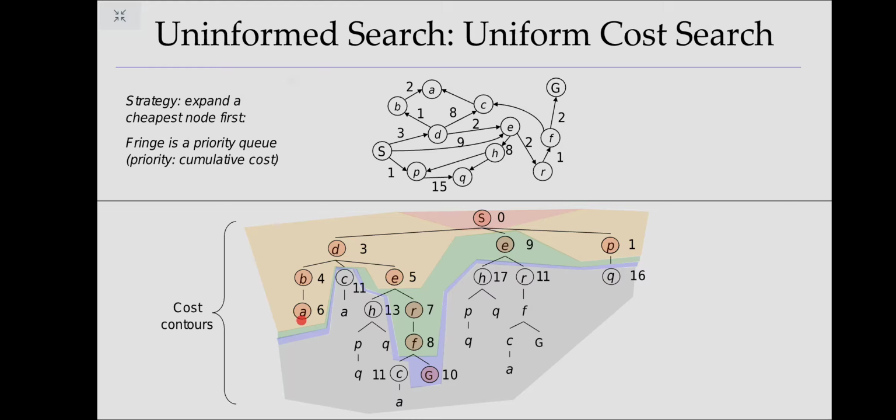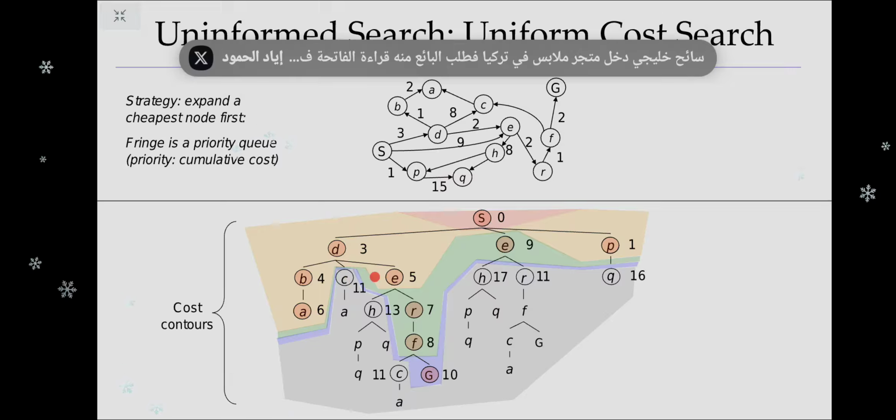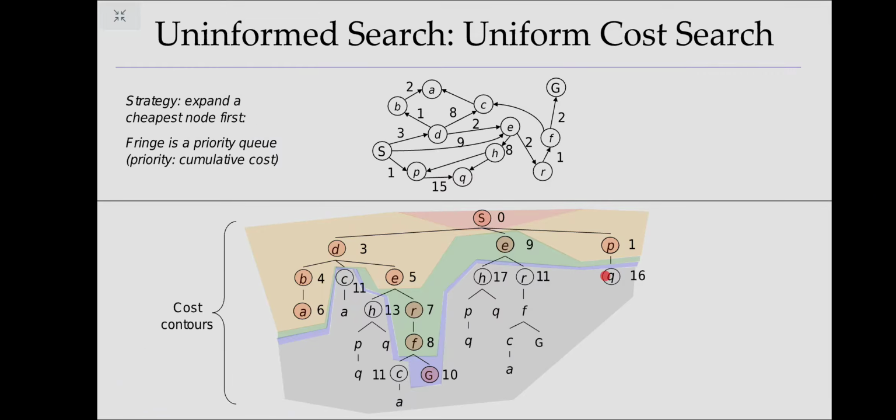Again, we compare the label of A with C, E, and Q. The best one is E. We focus on E. The neighbors of E are H and R. E to H has 8 cost. 8 plus 5 is 13 for H. And for R, the cost is, sorry, 2. 2 plus 5 is 7.